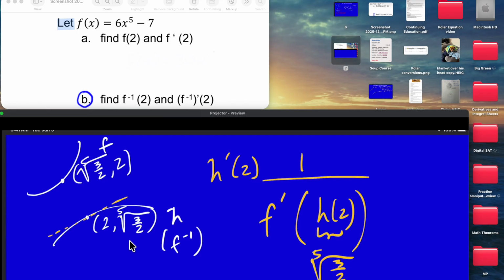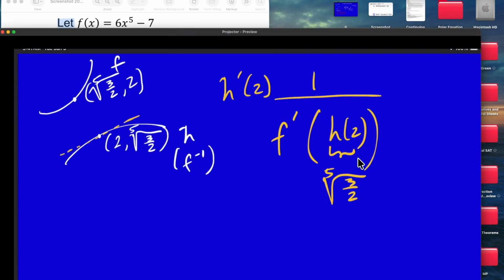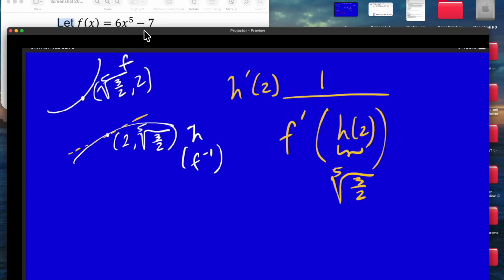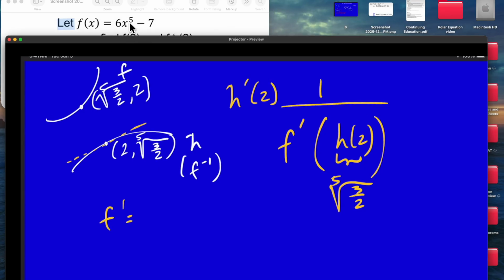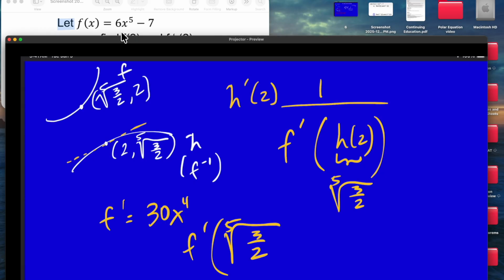So the game plan here is to get this answer, we're going to plug this value into f prime, and whatever we get, that's going to be the denominator of our answer. Okay, so f prime, we have f. F prime, if we use the power rule, is going to be 30x to the fourth. So we're going to do f prime of the fifth root of 3 over 2.